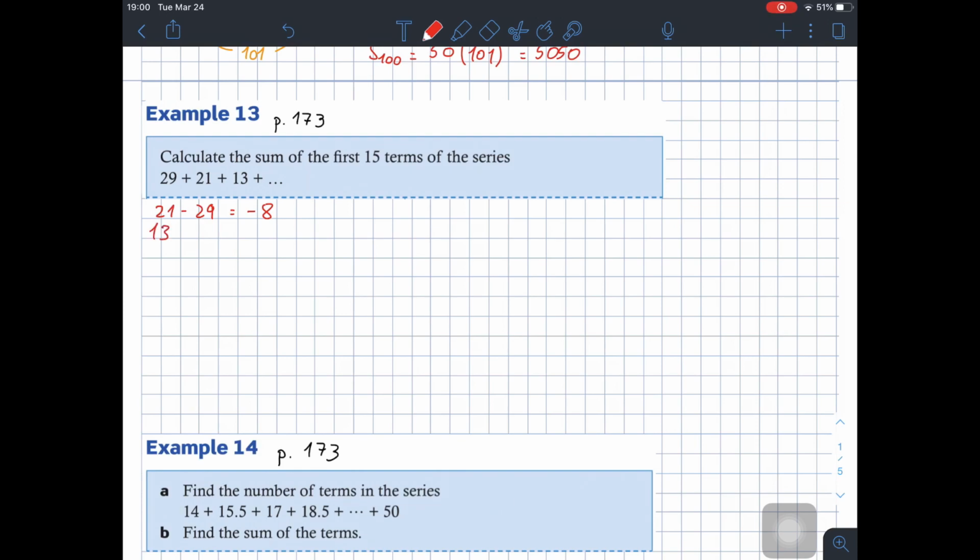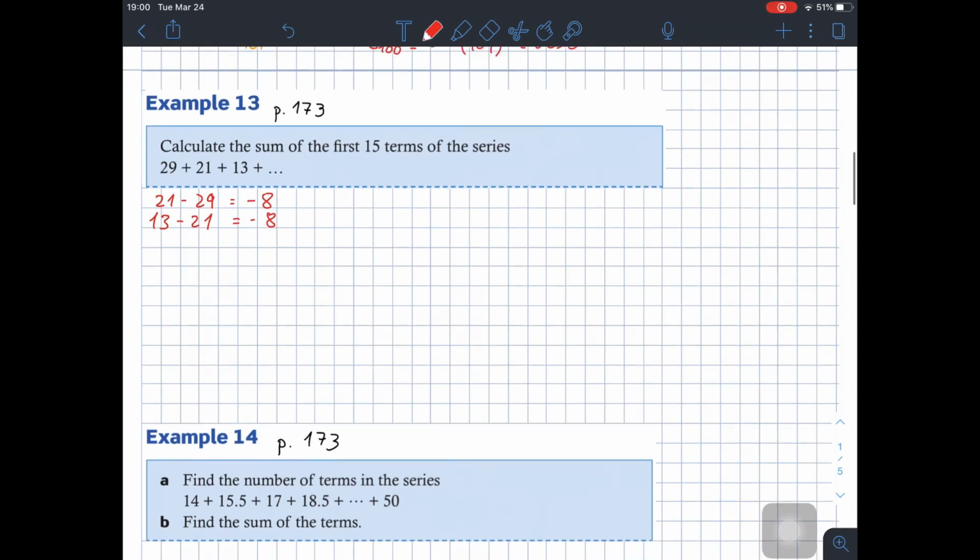How much is 13 minus 21? This is also -8, okay? So there is a common difference between the numbers. So the common difference is d equals -8, and we can conclude that this is an arithmetic sequence.